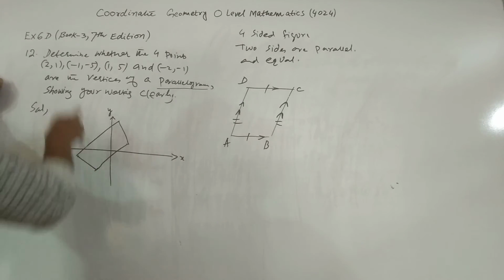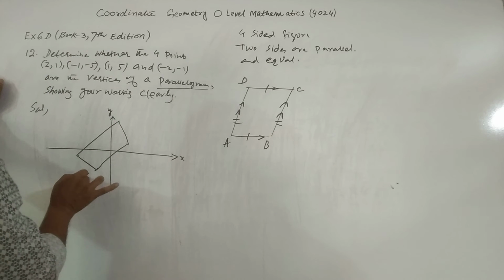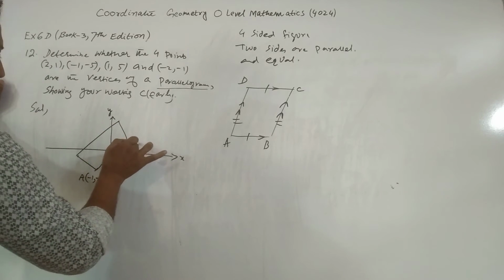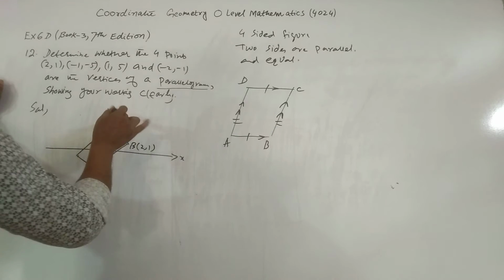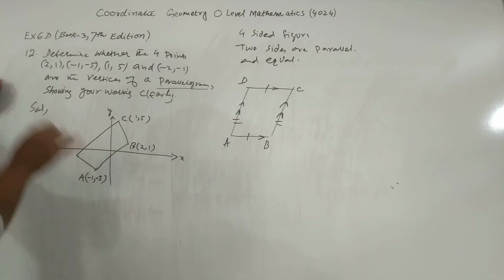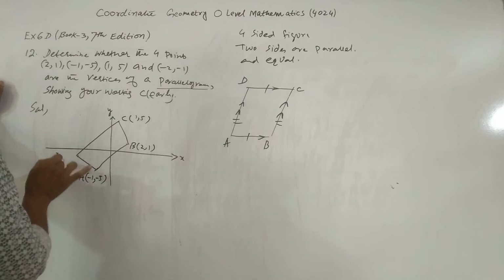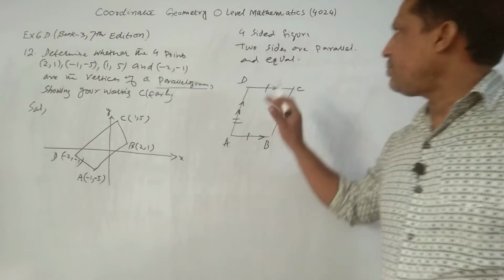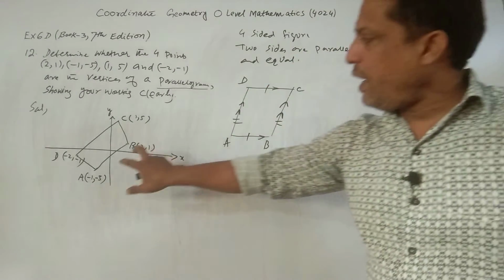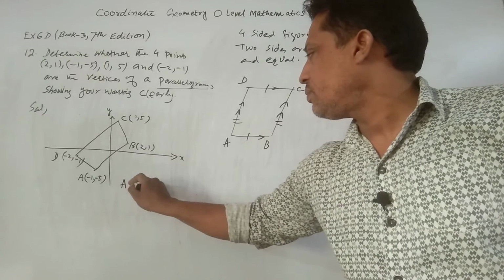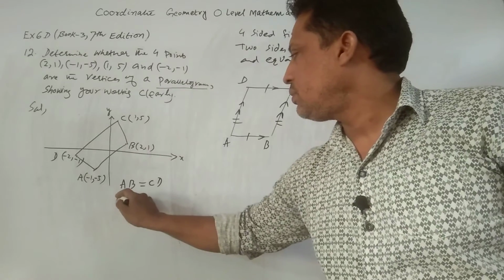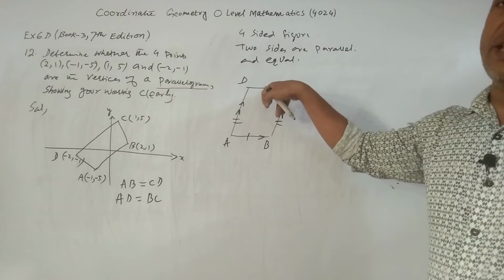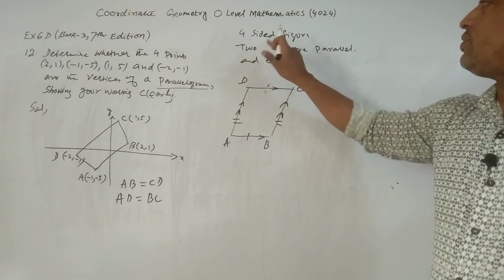This point is (-1, -5), so I assign it the name A. This point is (2, 1), which I assign as B. This is (1, 5), which I assign as C. This is (-2, -1), so I assign it as point D. Now according to this definition, AB should be equal to CD, and AD should be equal to BC, because in a parallelogram two sides are parallel and equal, two opposite sides.